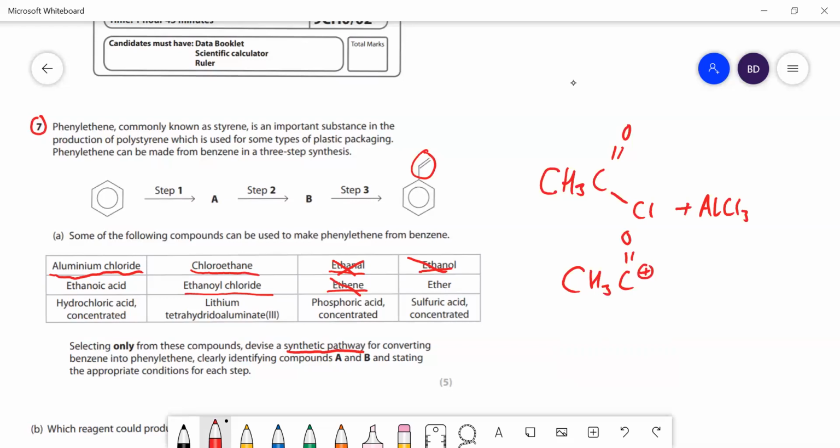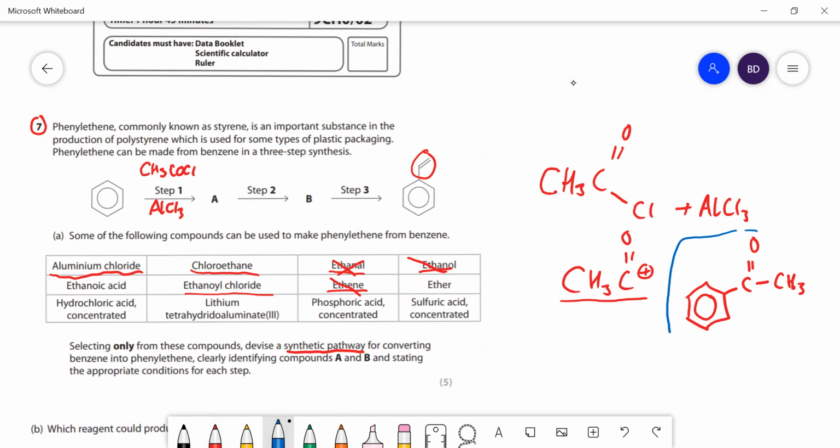This electrophile can then react with the benzene ring, electrophilic substitution, so you're going to swap one of the hydrogens on the benzene for that. So we have now got this. The conditions for that first step are the ethanoyl chloride and the aluminium chloride catalyst. And this will be what A is. That's A.